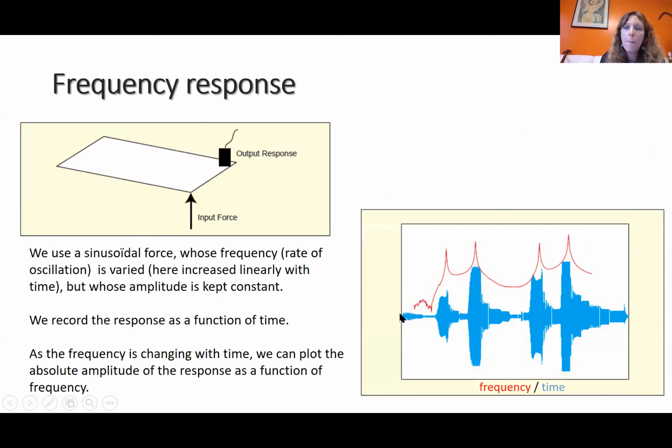So now if we take the plot of the amplitude of the response, we can actually plot the amplitude as a function of frequency. This gives you the red plot, okay? So you can see that here, the response is much higher than it is here. And here you have a peak, which you don't have here. You see here, there is almost nothing, okay?